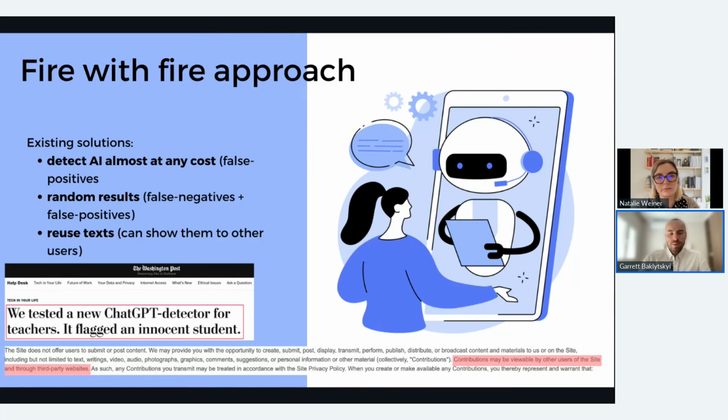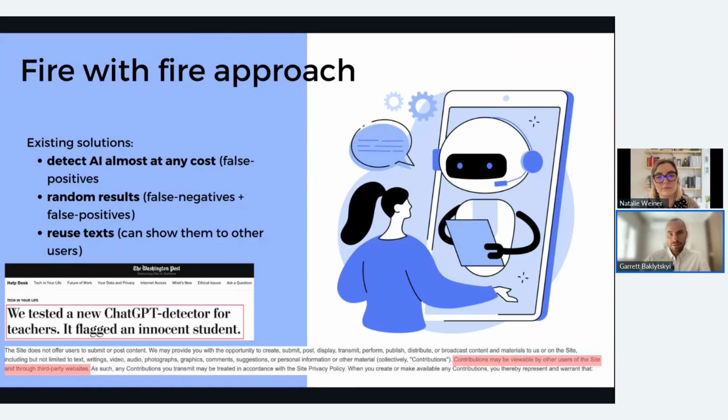And it also helped to appear who knows how many false negative cases. By false positive, we understand that a student's writing was flagged as AI-generated text, which has harmful consequences for a student.